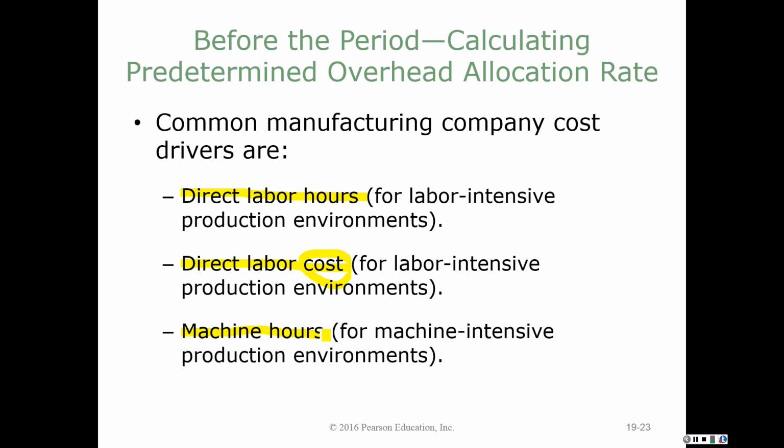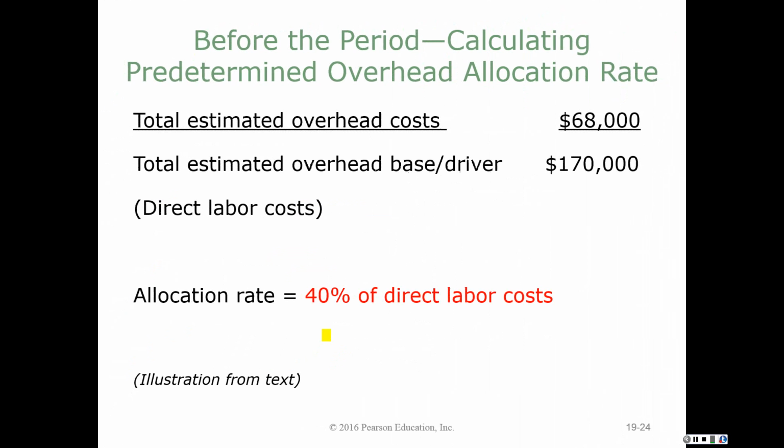But what we're trying to figure out is, using the illustration in your book, if we can estimate what our total overhead costs are going to be. Now, we're not talking about labor here. We're back at what is our total overhead cost.